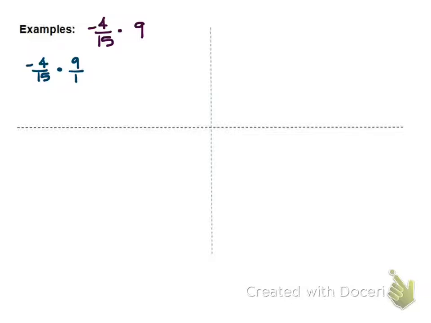Now we can go ahead and see if there is any possible way to reduce or cross-cancel among these two fractions. And in fact, I can cross-cancel because 15 and 9 both have a common factor of 3. So if I go ahead and do this, there are 3 3s in 9 and 5 3s in 15.